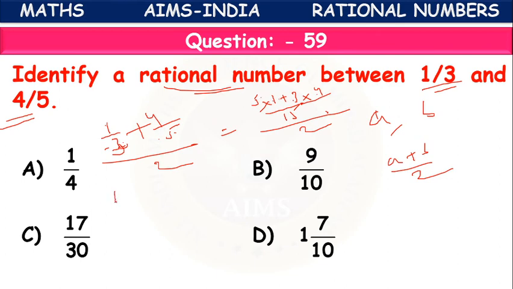So we get 17 by 15 by 2. Two denominators we have to multiply: 17 by 15 into 2 means 17 by 30. C option is the correct option.